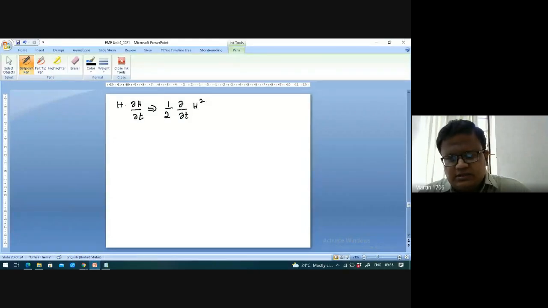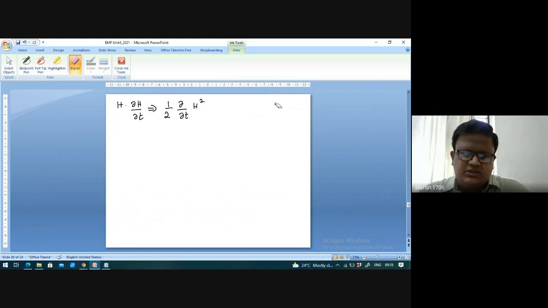If you differentiate this term, you get 2 into H, and the 2 gets cancelled, H is outside, and one function remains, so H into dou H by dou t.